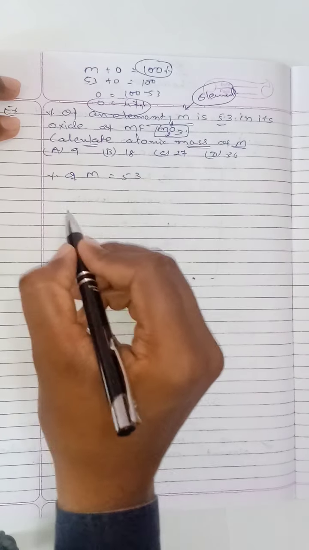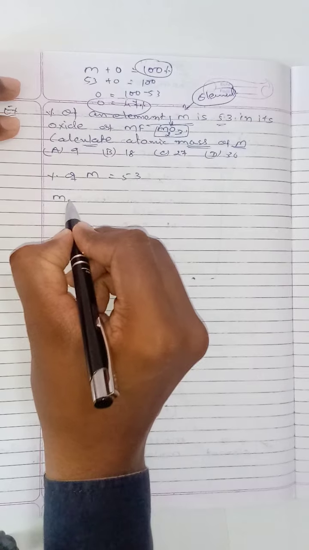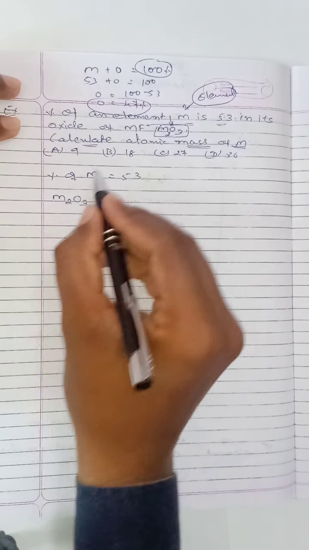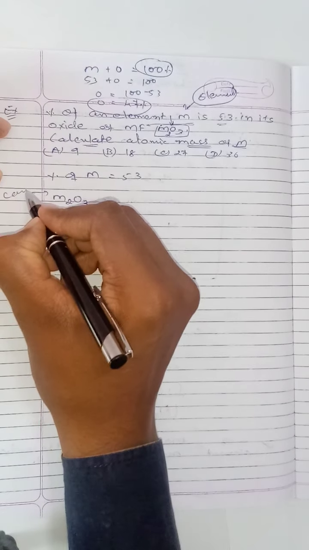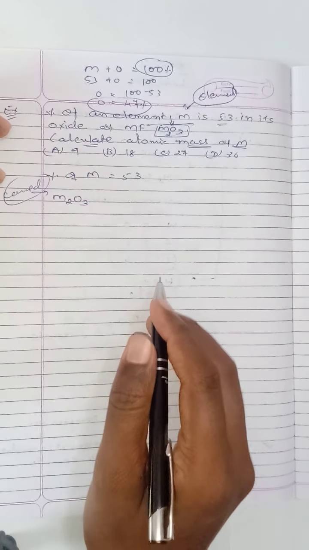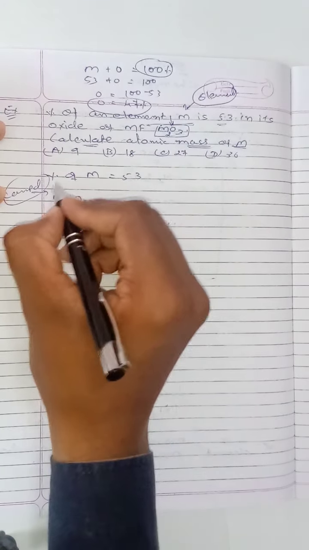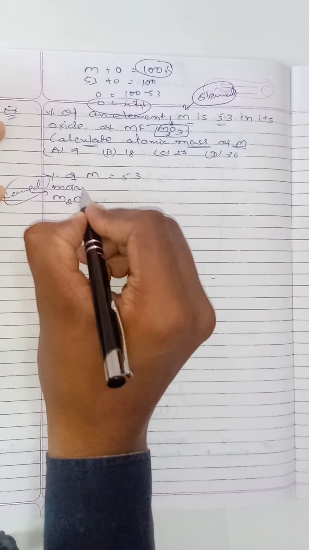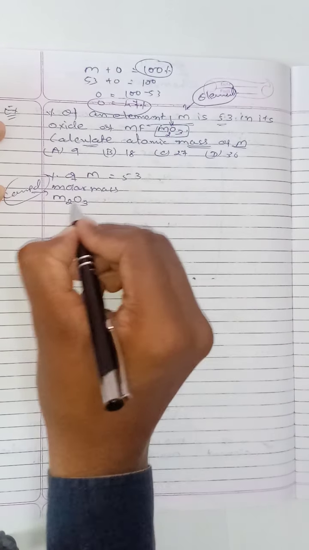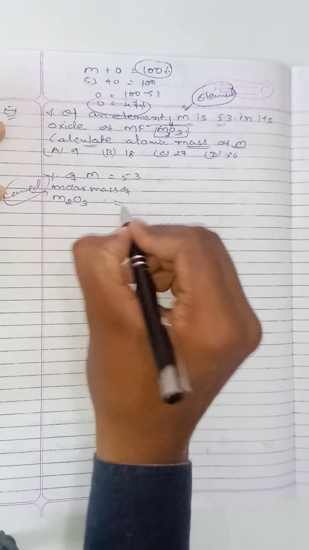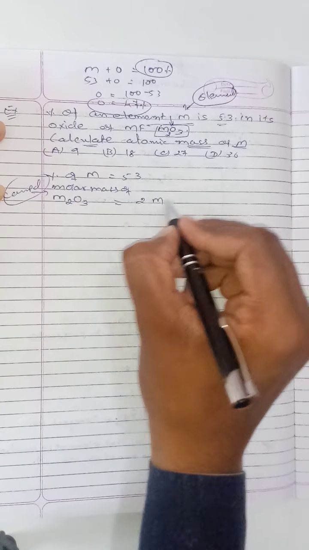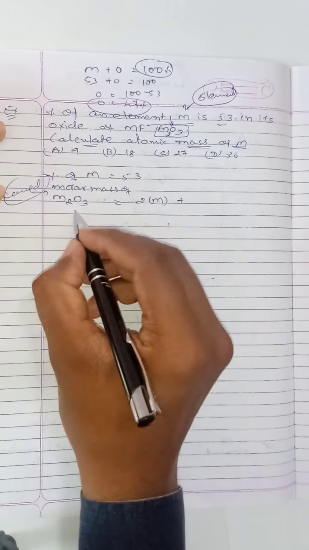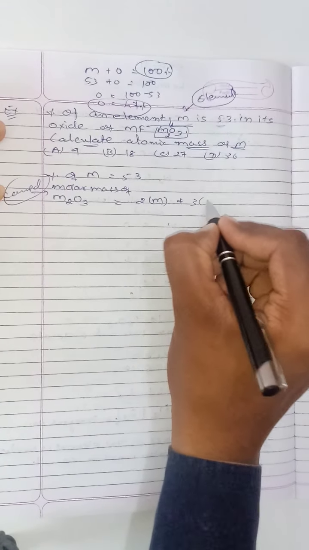But here we have to calculate the atomic mass of M. We have another data, that is M2O3. This is the oxide, which we take as our compound. So we have to find the molar mass of M2O3. Here 2M plus 3 of oxygen.